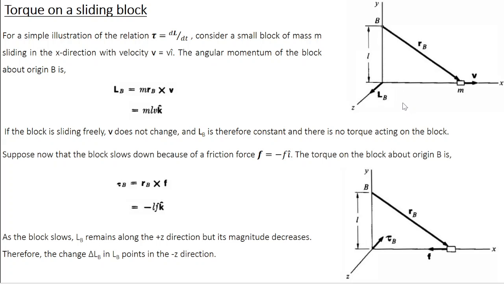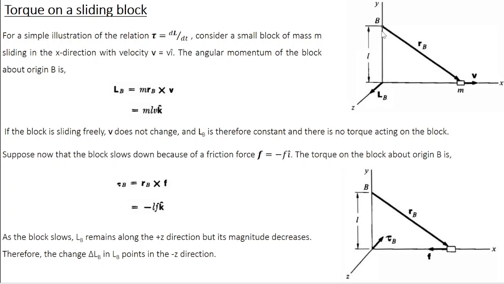So in the previous class we have shown that angular momentum about the origin point is 0. So there is no point in talking about torque with respect to this origin. And in the last class we have seen that there is a non-zero angular momentum about this point B. So if you call the radius vector R_B, L_B can be defined as m R_B cross v.